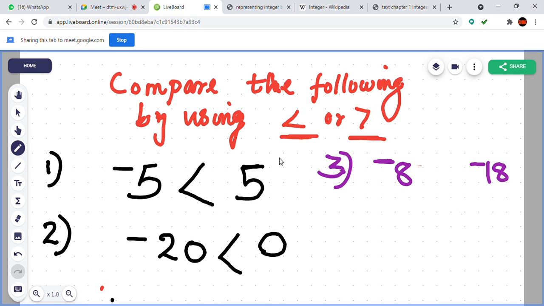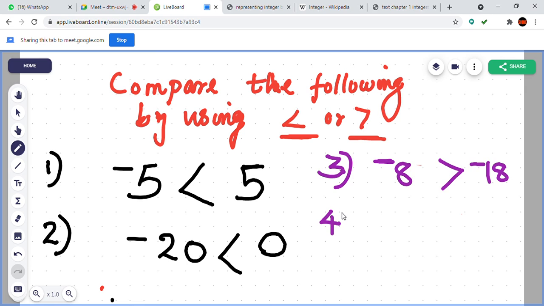Oh, Josin Joshi. Yes, miss. Which is the symbol? Miss, greater than, because negative 8 is more than negative 18. So here we can give the symbol greater than. Negative 8 greater than negative 18. Okay, very good.